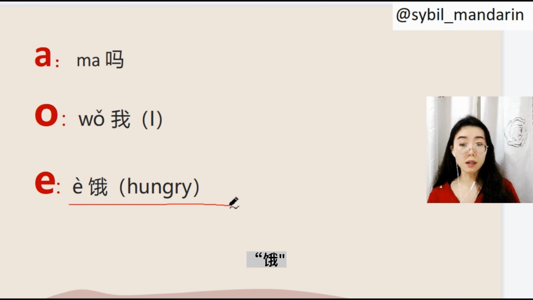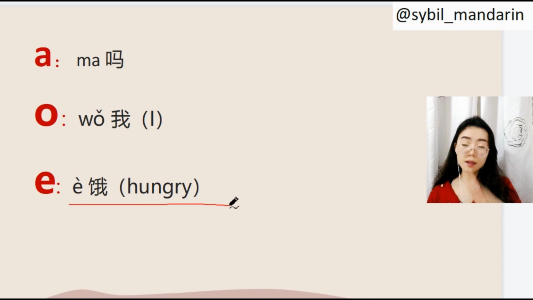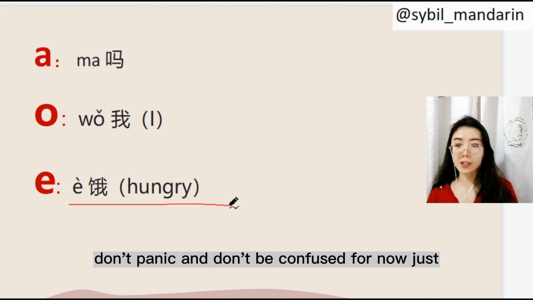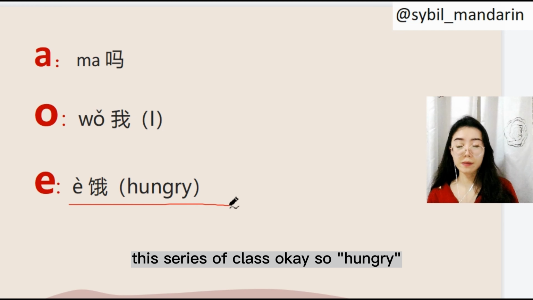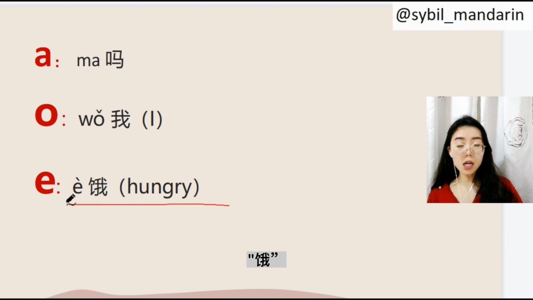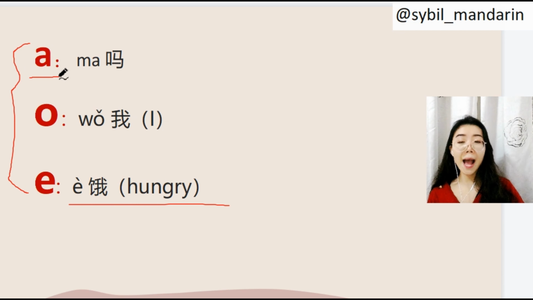We say è, with a going-down tone. Now speaking of the tone, don't panic and don't be confused. For now just read after me, and we're gonna look at the 4 tones later in this series of class. Okay, then let's review the first 3 together. Firstly, ah, ma, o, 我.